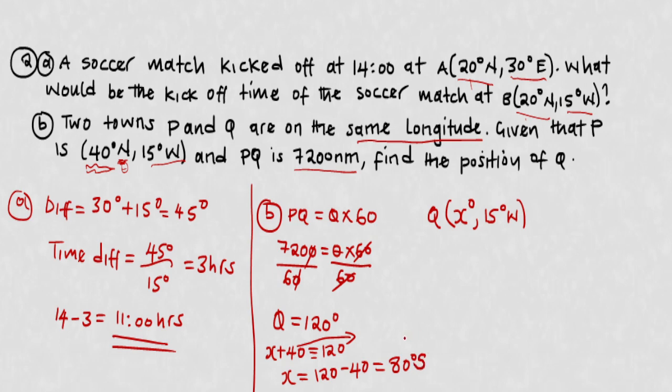So the position of Q, the latitude is 80 degrees south. The longitude remains 15 degrees west. So that one has been dealt with. That is how you can do that.